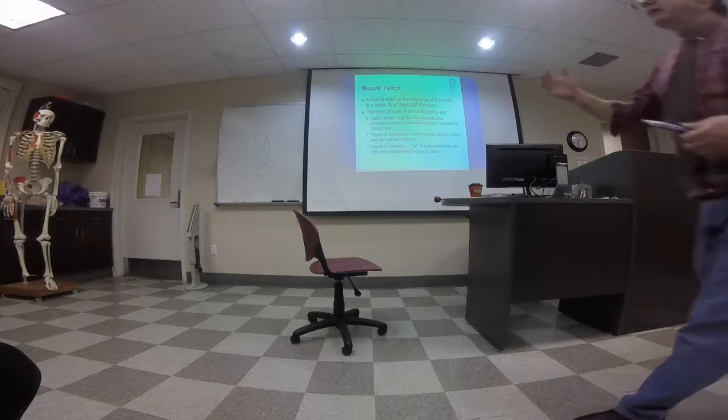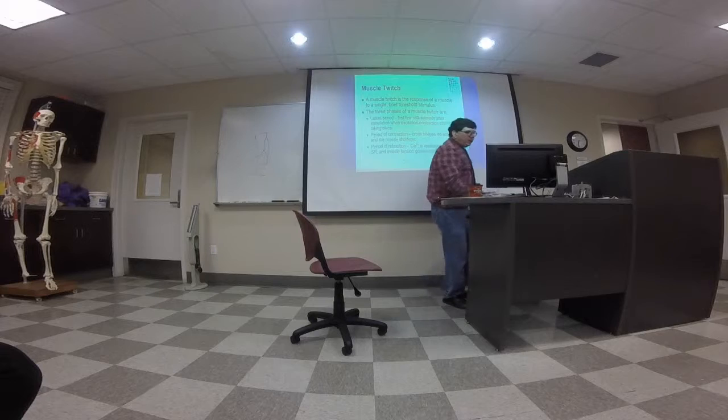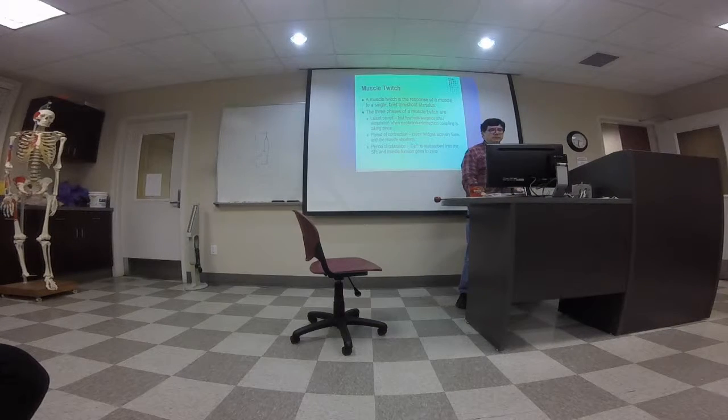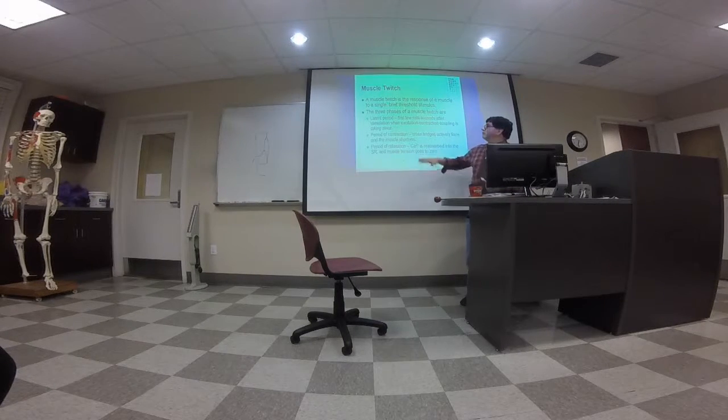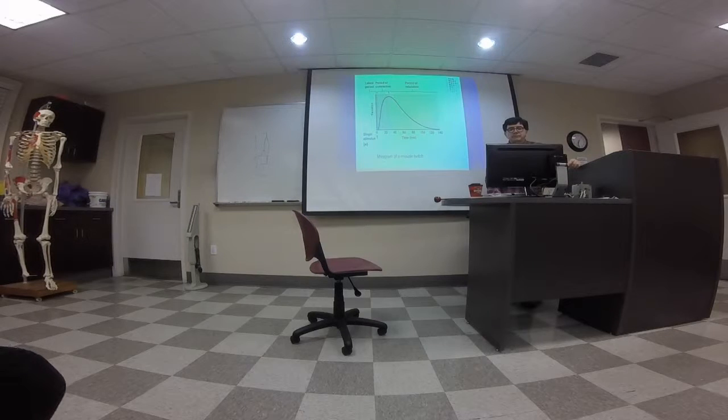Okay? Then finally, when cross-bridge formation occurs, we begin that period of contraction, where cross bridges are actively formed and we have the power stroke being generated. Okay? Now, as calcium then gets reabsorbed back into the sarcoplasmic reticulum, and the binding sites are recovered, then relaxation begins.